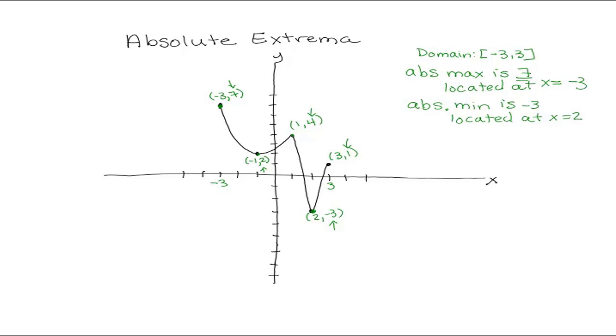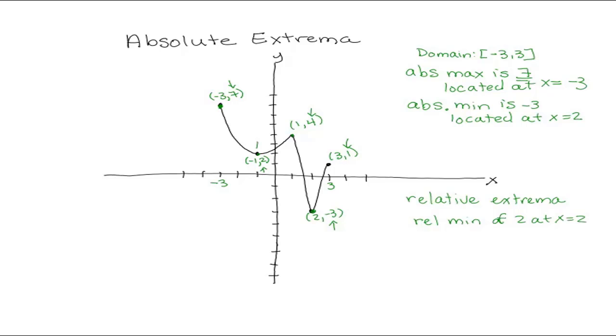So how does this compare to the relative or local extrema that we talked about before? Well, local extrema can't happen at the endpoints. They can only happen in between the endpoints of a function, because we need to have a neighborhood around those points. So just for comparison's sake, if we want to talk about the relative extrema, we have a relative min of 2 located at x equaling negative 1.